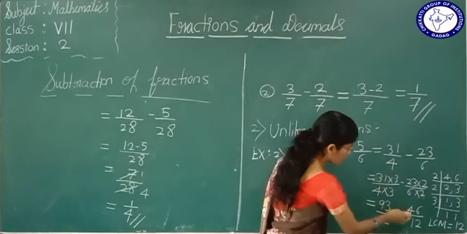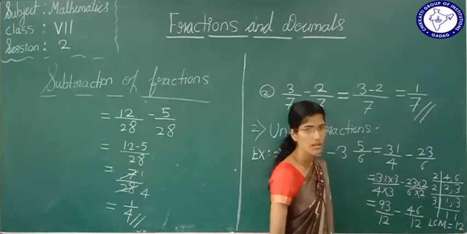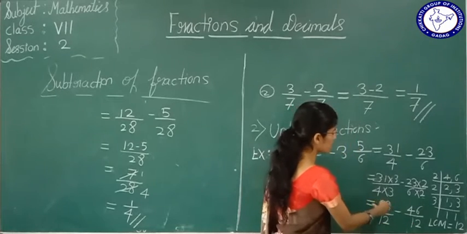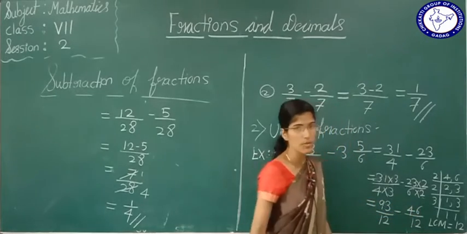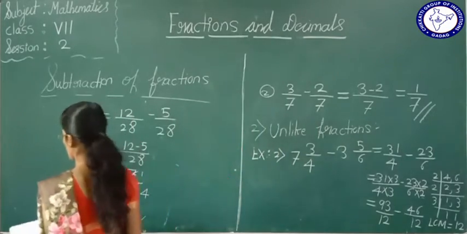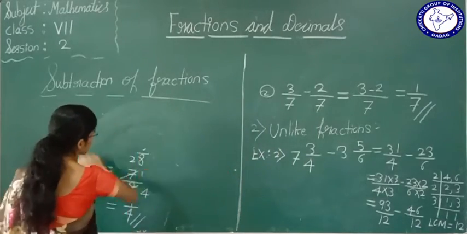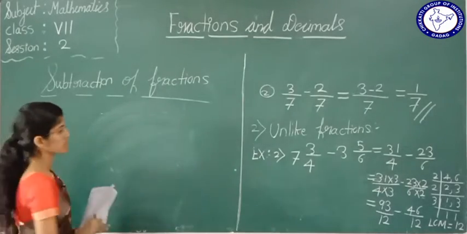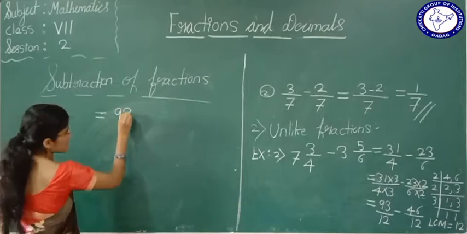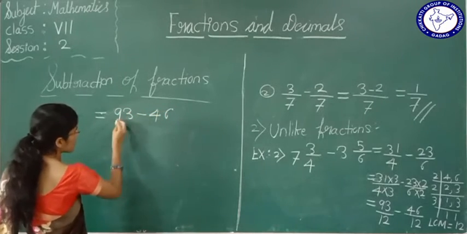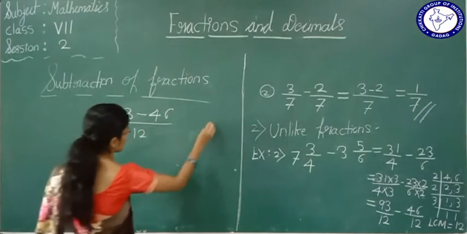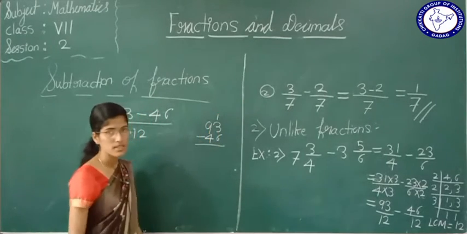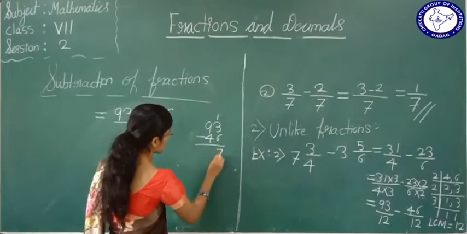Now you know how to subtract the like fraction. We have converted this into a like fraction, no? Subtract the numerator keeping the denominator same. Now see here, 93 minus 46 by 12. What is 93 minus 46? 13 minus 6 is 7.